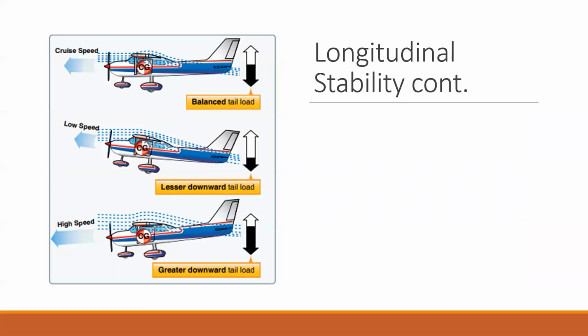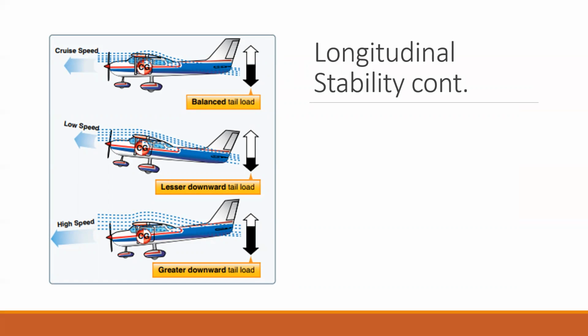And then one more image here. We can see the effect of the horizontal stabilizer. As you're flying at cruise speed, there's some downwash off of the main wings. This downwash, along with the angle of the elevator, will hit the elevator and cause the airplane to pitch up.